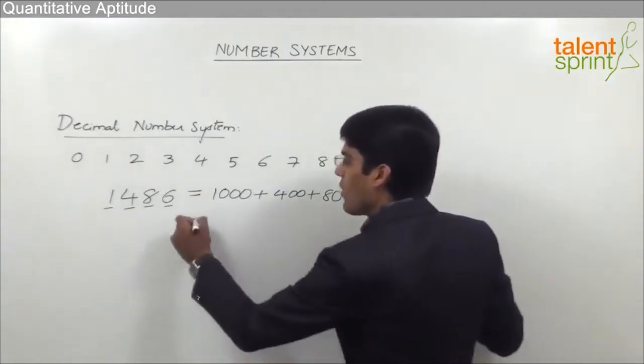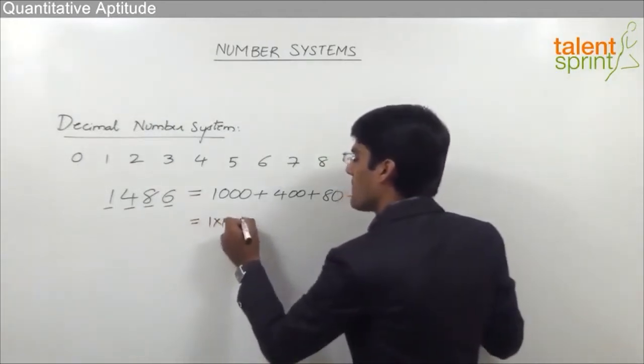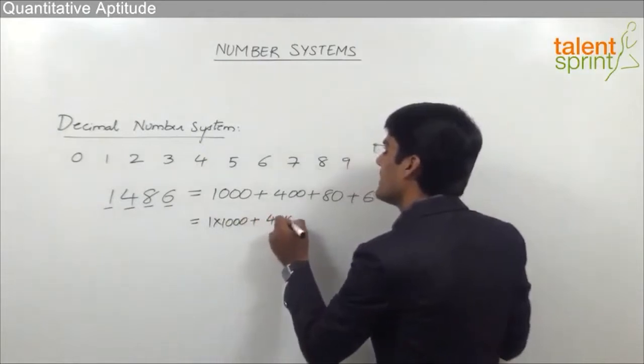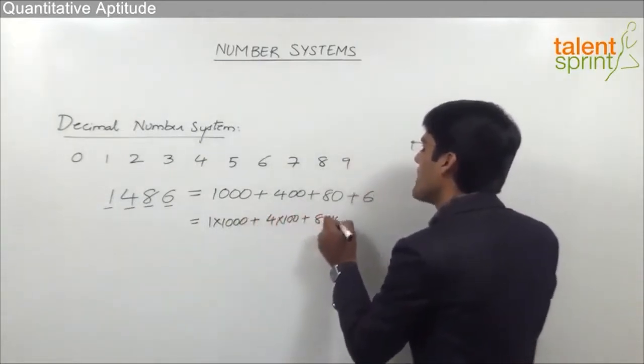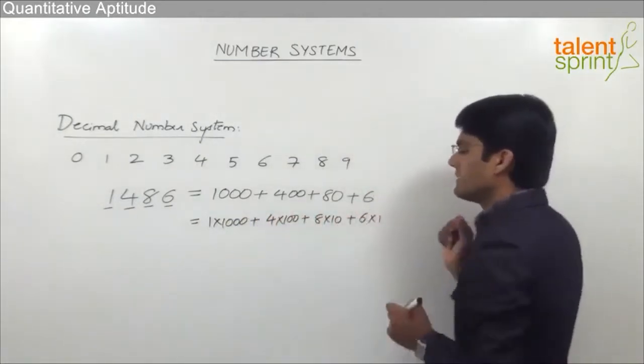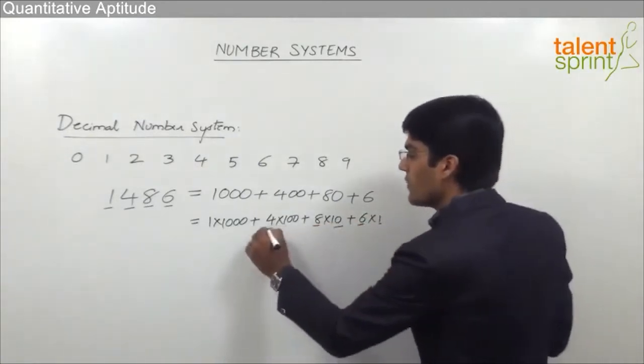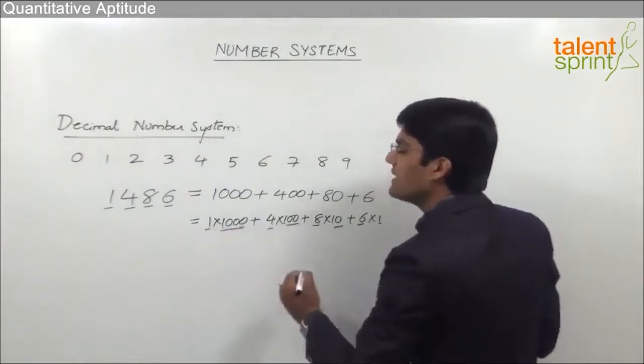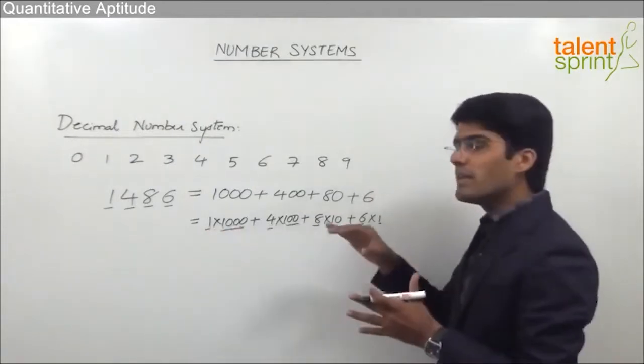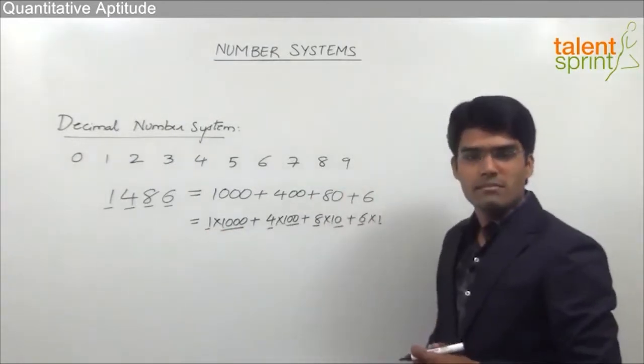That is nothing but 1 into 1000 plus 4 into 100 plus 8 into 10 plus 6 into 1. That means we have 6 in units place, 8 in tens place, 4 in hundreds place and 1 in thousands place. So this is how a number is represented in decimal number system.